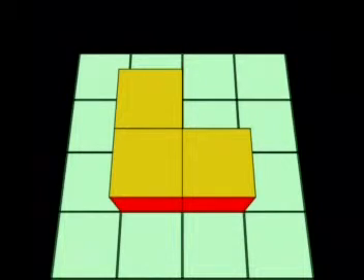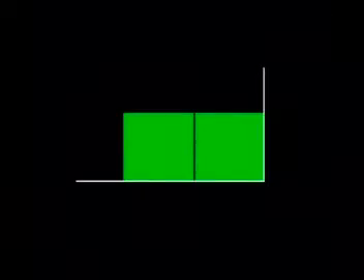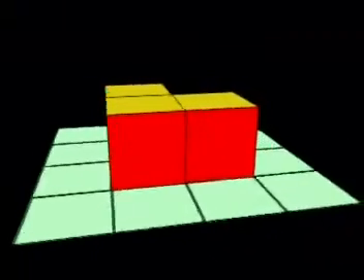If we look from the top, we see 3 yellow squares. This is the side view. We have 2 green squares. This is the front view. Can you see where they get the 2 red squares from?